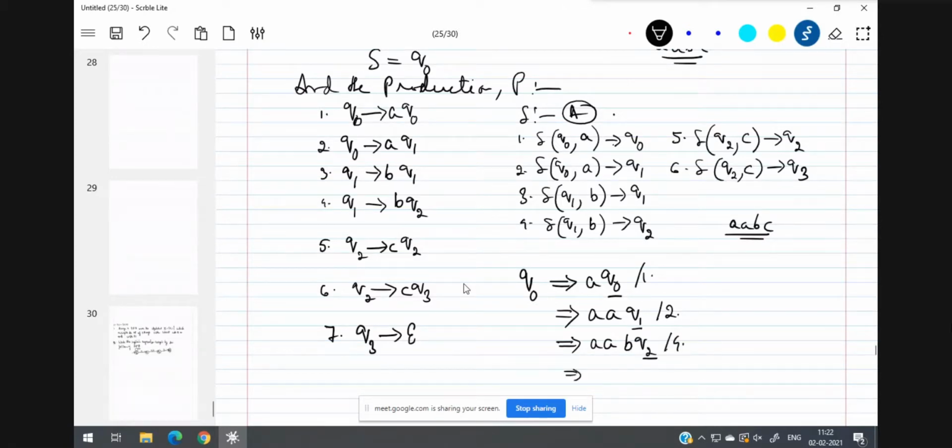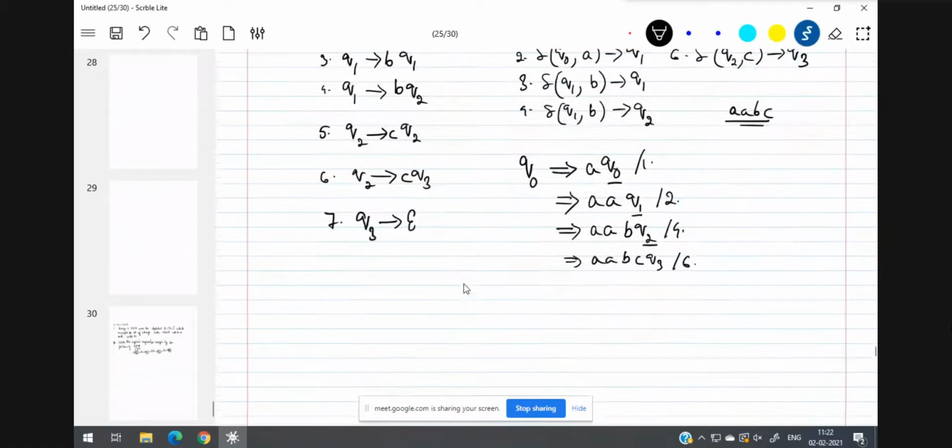And then AAB, after this B I need C and then epsilon, so I'll be choosing 6. And then AABC epsilon, this is 7. Hence, we have derived AABC from this. Like this we need to check.